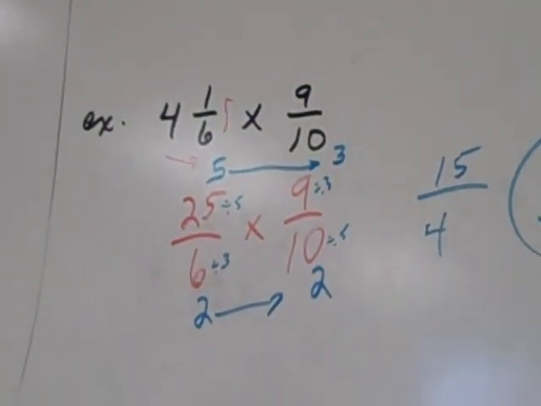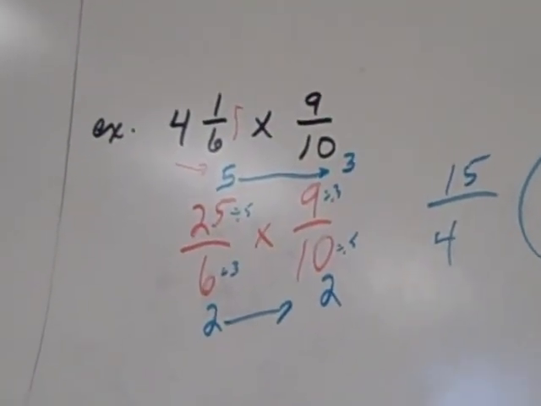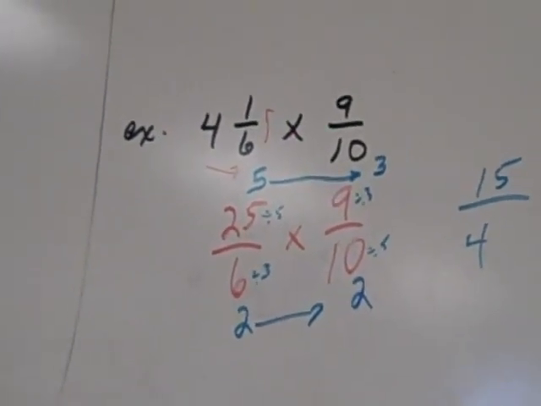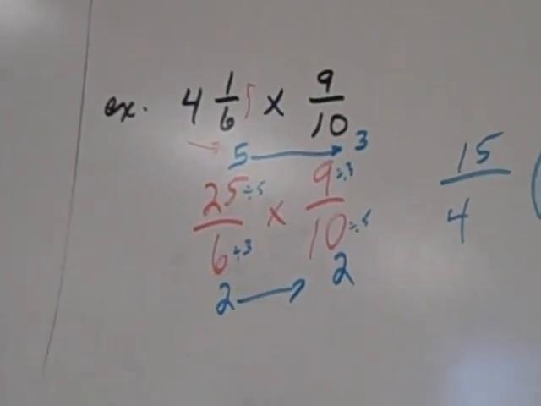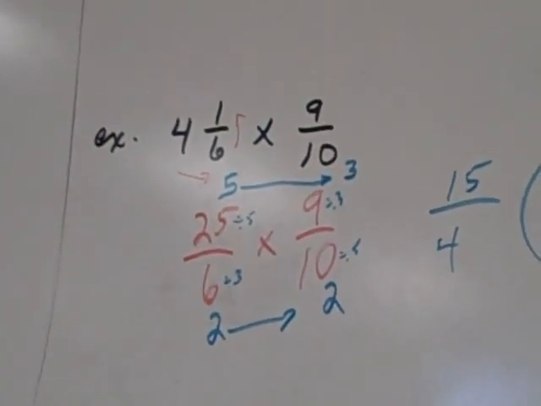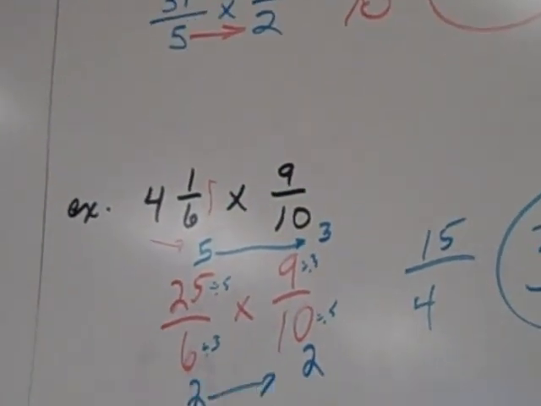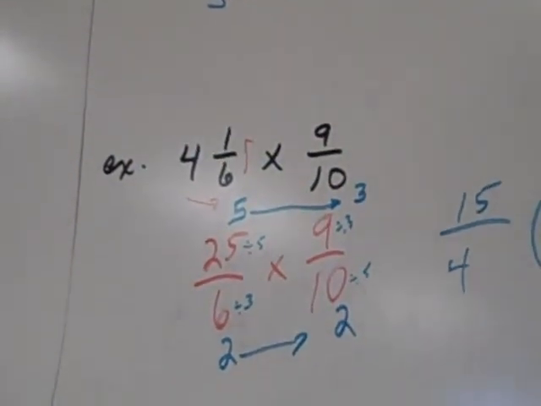No. I said you cannot multiply these unless they're in fraction form. So you've got to change mixed numbers into fractions before you can work it. Don't be doing whole numbers times whole numbers. Wears me out.